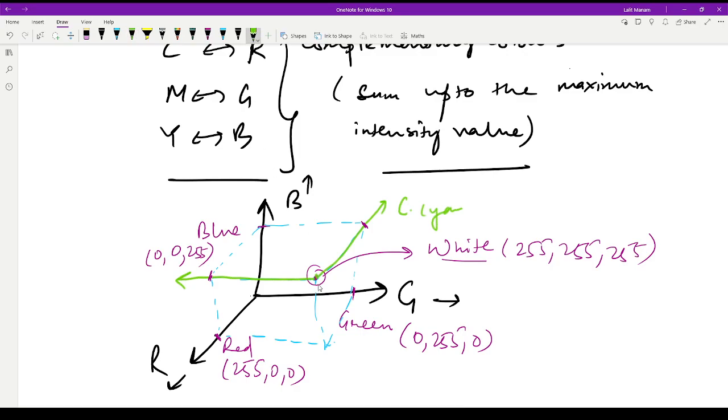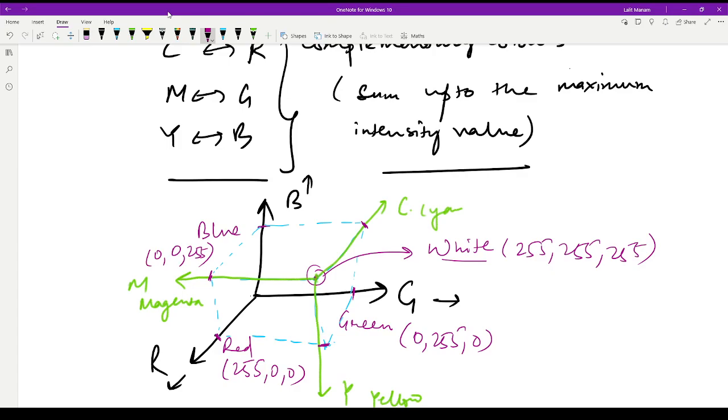And similarly for this one, this is what? Yellow. This is magenta M. I hope you understand how it looks. Since it's linear space, you can always try to map them in this, like a vector space.